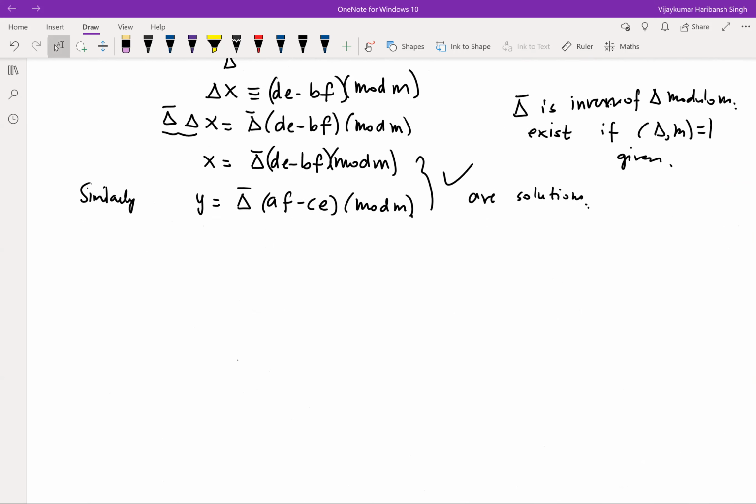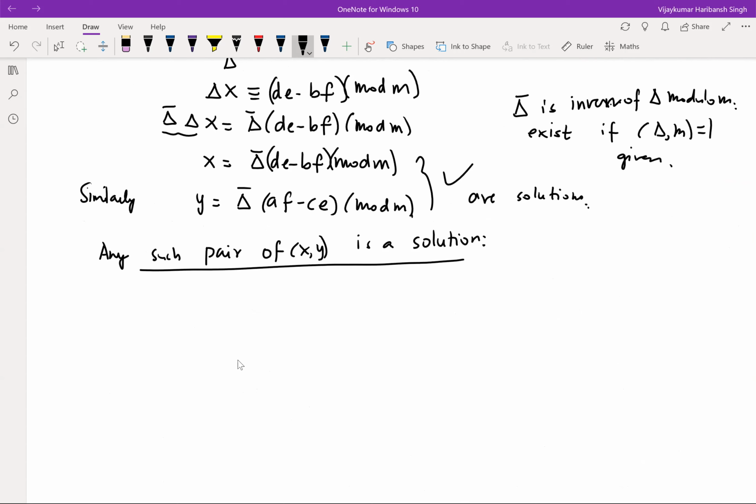Now note that we can show that any such pair of x, y is a solution. That can be achieved by basically taking x and y and substituting in the equation.